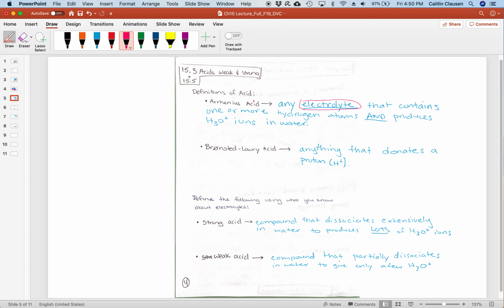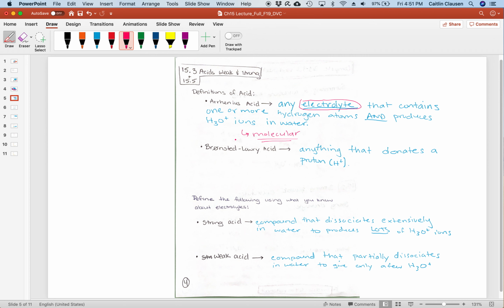So that means acids, since I know what an electrolyte is, acids must carry electrical charges. They could be molecular. They could be ionic. For Arrhenius acids, they're going to be molecular. So these are the exceptions. This is where that sometimes molecular comes in.